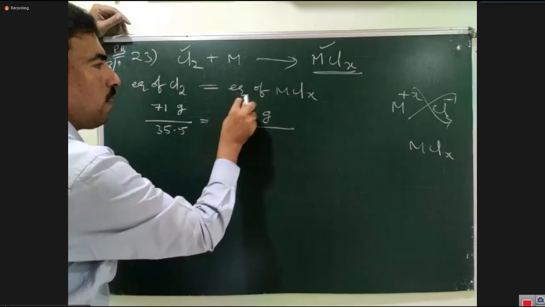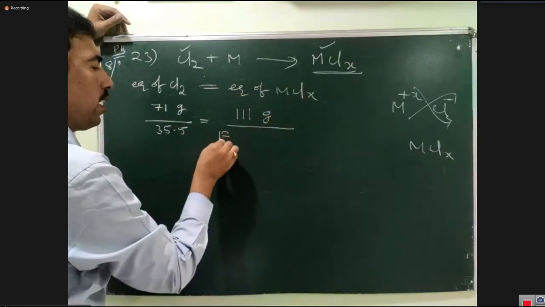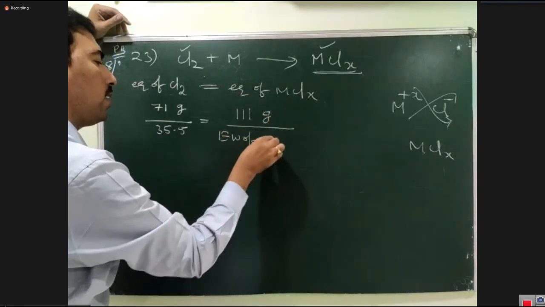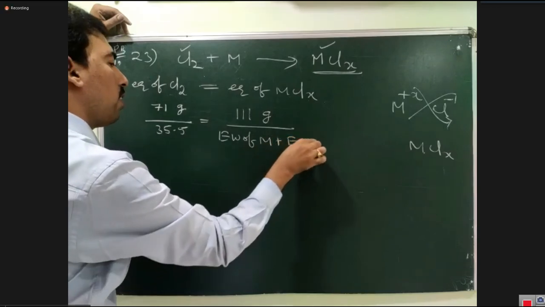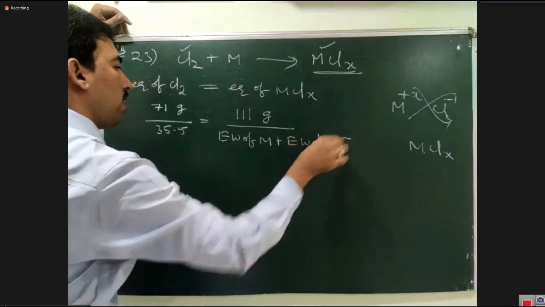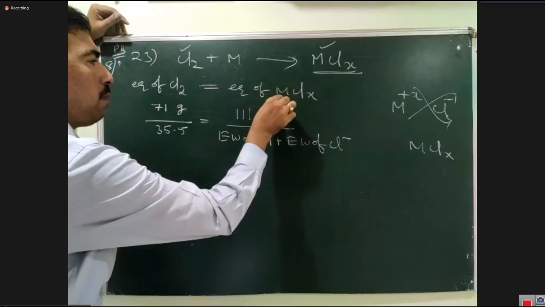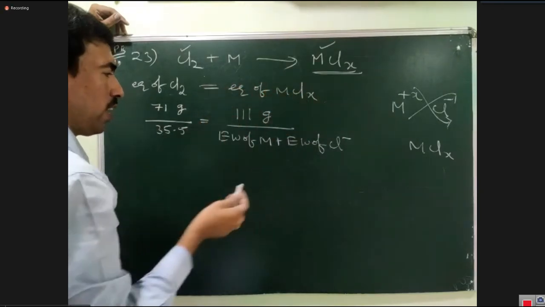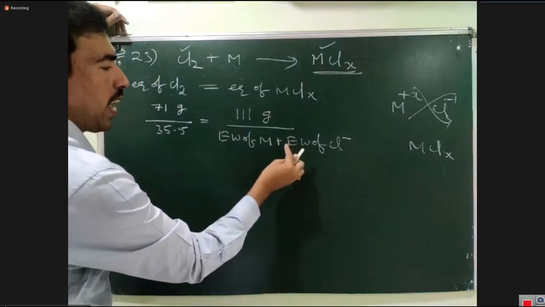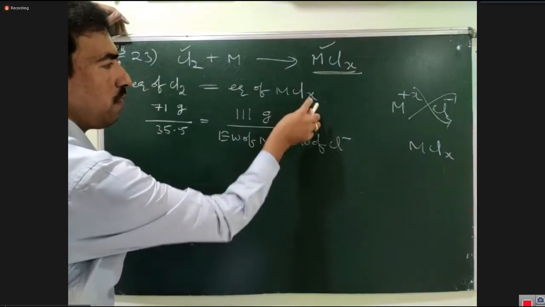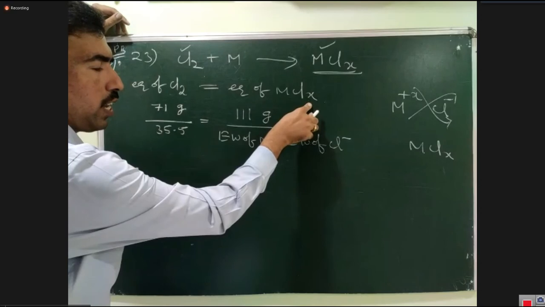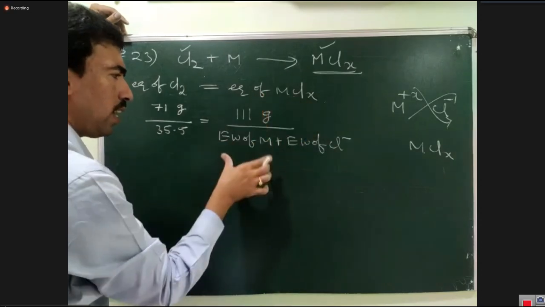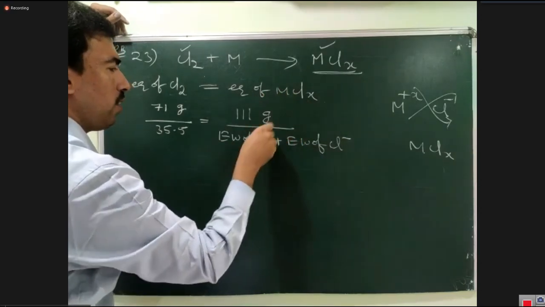Then the equivalent weight of metal chloride means the equivalent weight of metal plus the equivalent weight of chloride. No need to take the X in Cl minus. So simply the equivalent weight of metal plus the equivalent weight of chloride.